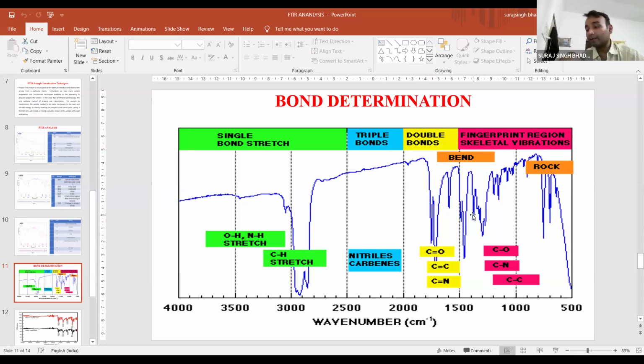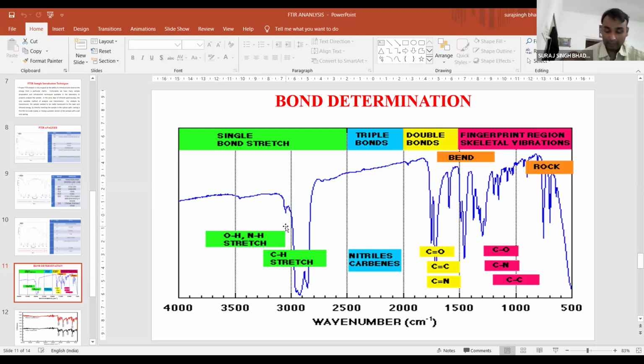These are at different levels of molecular analysis. So this is all about the molecular or the spectral correlation in our FTIR. So you can see in a single bond, this O and H stretching, nitrogen and hydrogen stretching, carbon and hydrogen stretching. These all are single bond stretching.